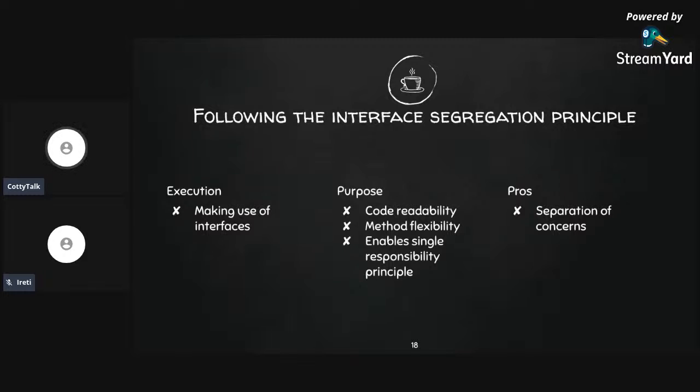So following the interface segregation principle, it makes use of interfaces, the purpose being code readability and flexibility of methods. It enables the single responsibility principle. So when you have a function that you know doesn't change, like say you want to hash a password, you know that the function itself is already hashing a password.